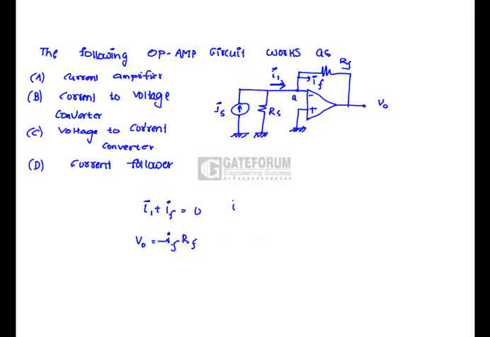So here IF is equal to minus I1, that is I1 into RF. So I1 is decided by IS. Hence, input parameter is current and output parameter is voltage. Hence, it is nothing but current to voltage converter. That is, option B is correct.